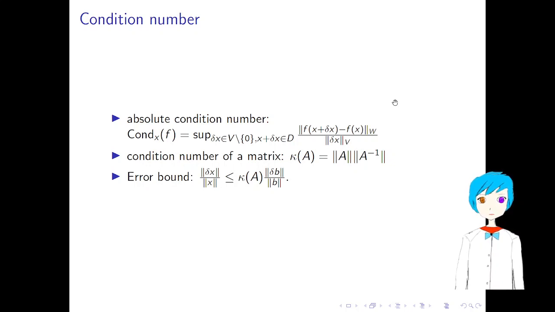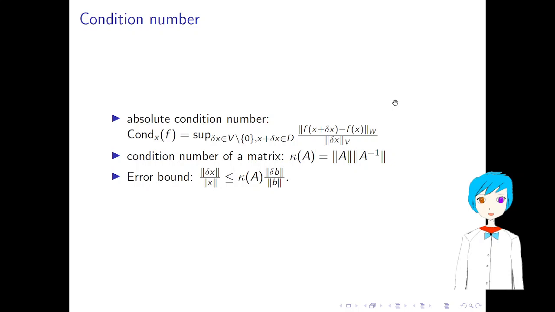For the condition number of a matrix, we define it as kappa A, which is the subordinate matrix norm of A times the subordinate matrix norm of A inverse for some compatible vector norms. We have this error bound result.